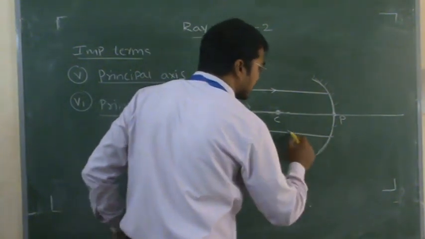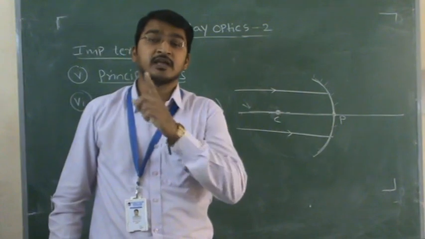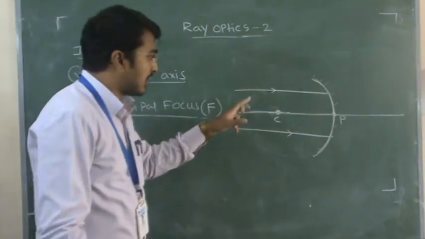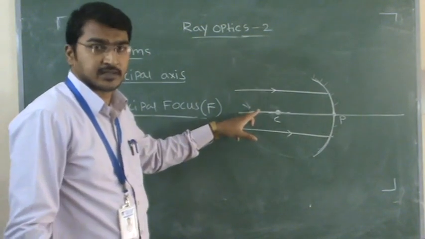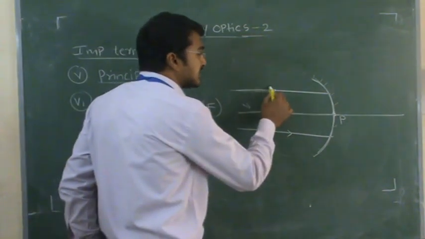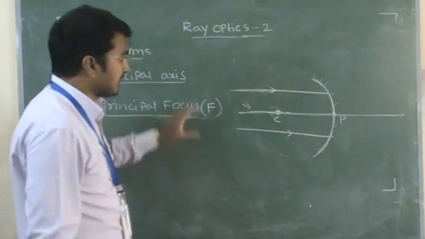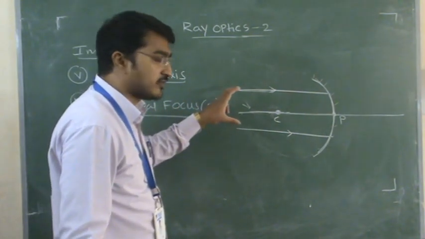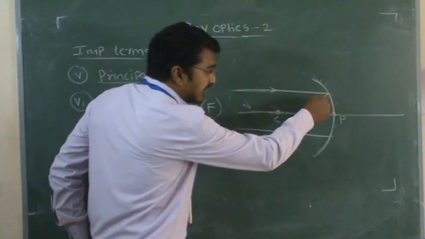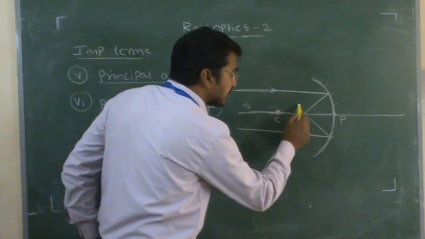This point is very important. These lines we call paraxial rays. The rays coming from the infinite object are incident on the mirror, reflect, and meet on the principal axis.